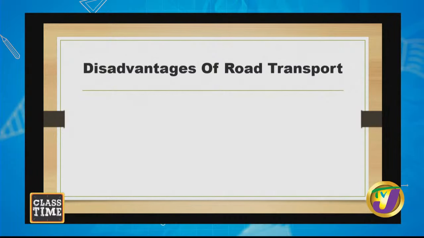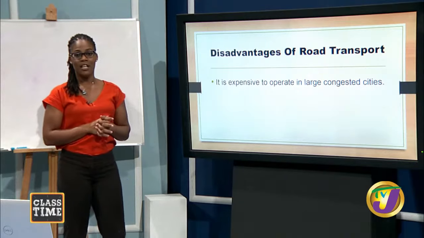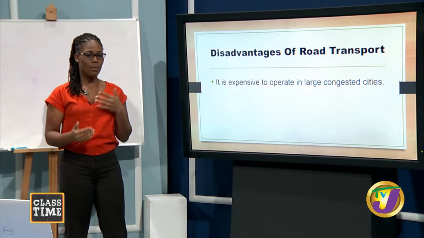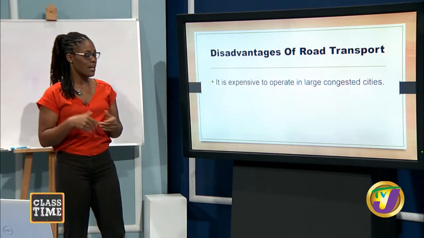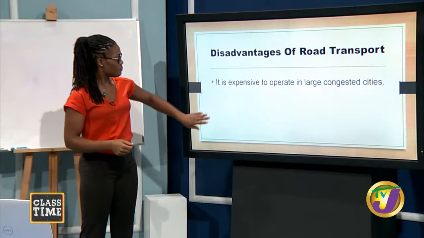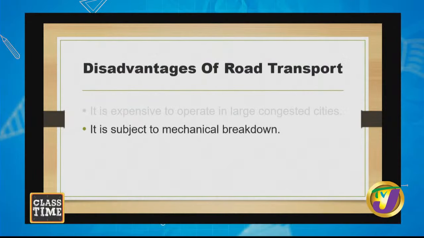Now, what disadvantages can you come up with? All right, so write those down. Disadvantages of road transport. It is expensive to operate in large, congested cities. Yes, pile up of traffic, not going anywhere, but the engines are still running. That's costly, right? It is subject to mechanical breakdown.